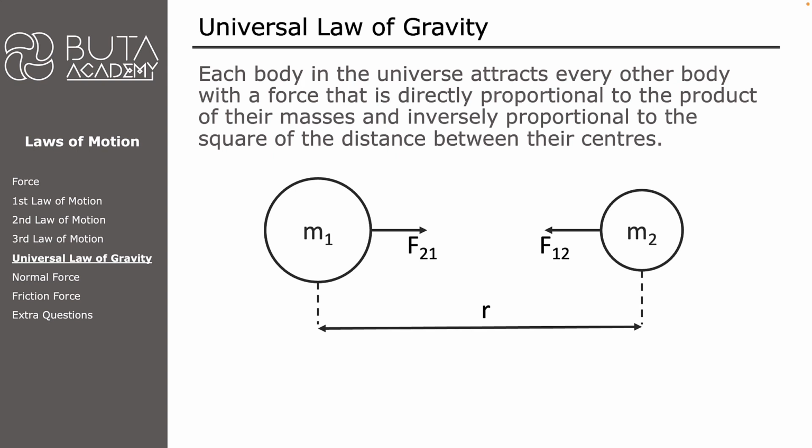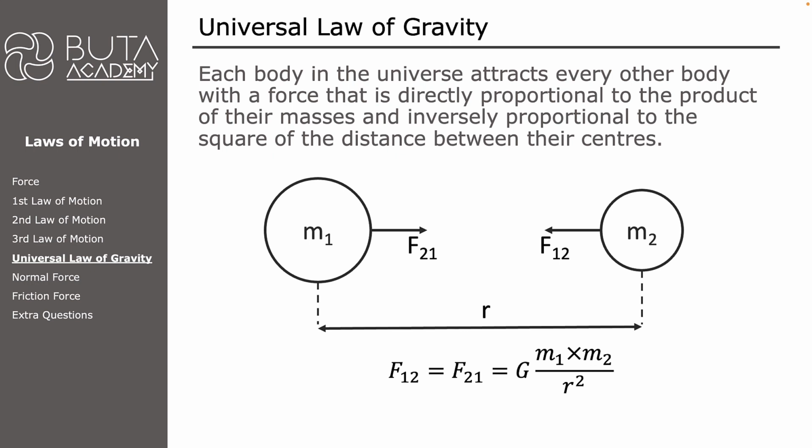We can calculate these two forces by using the formula on the screen. As we can see, the forces are directly proportional to the product of the masses and inversely proportional to the square of the distance between their centers. In the formula, we have one extra parameter or proportionality constant, uppercase G. G is the universal gravitational constant.